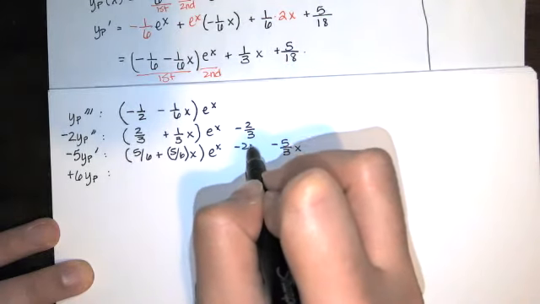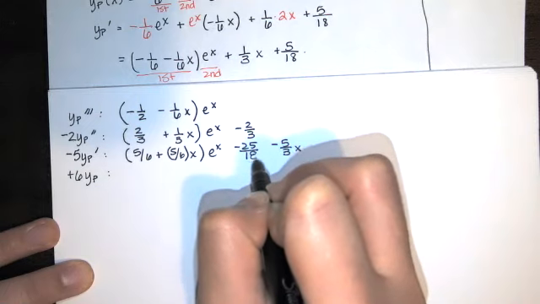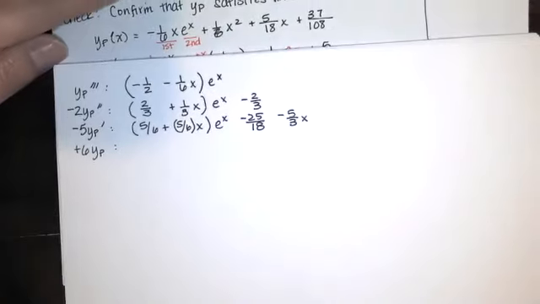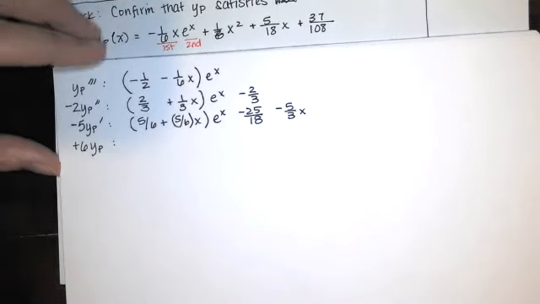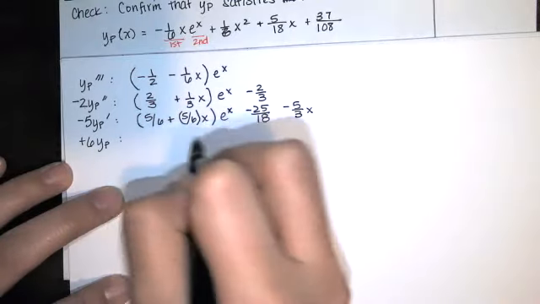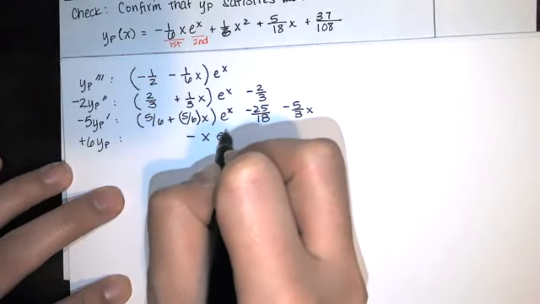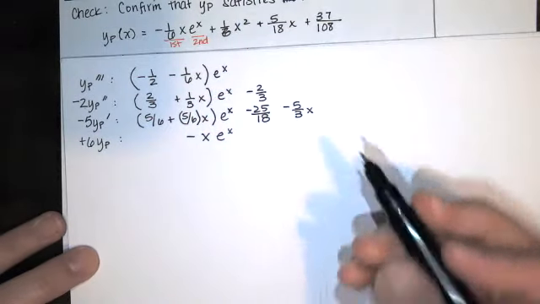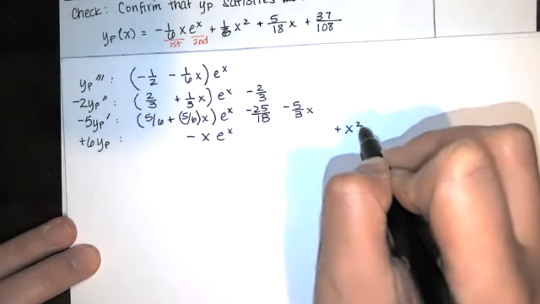So that's -25/18. And then I want 6 times y sub p. So this times 6 is just going to give me a negative x times e to the x. And 1/6 x squared times 6 is going to give me an x squared.